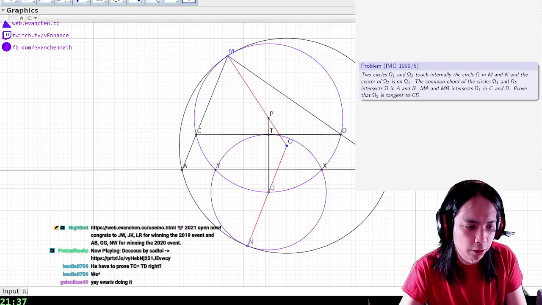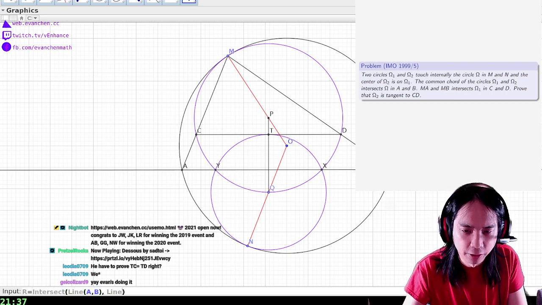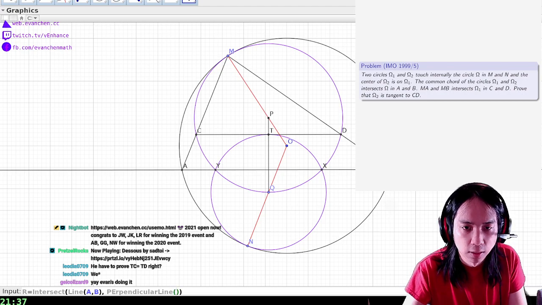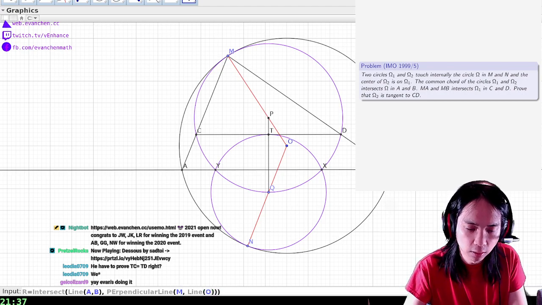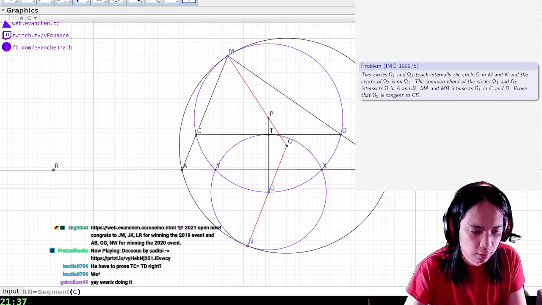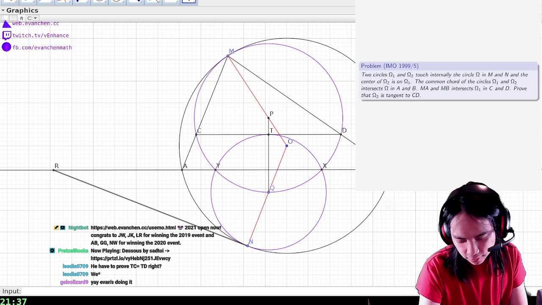Okay, so we're gonna let R be the intersection of line AB with the common tangent line. Ta-da! Radical axis. Yeah! Okay.